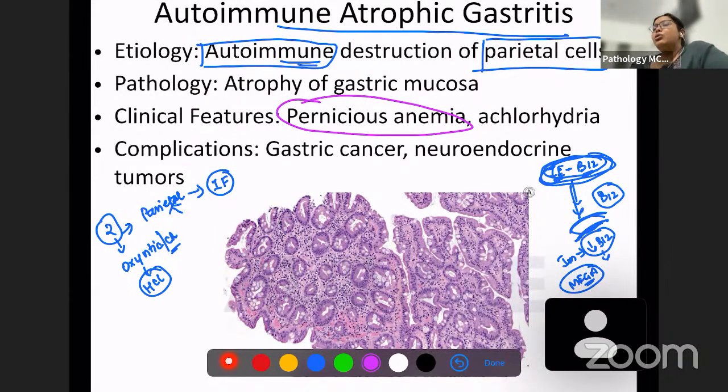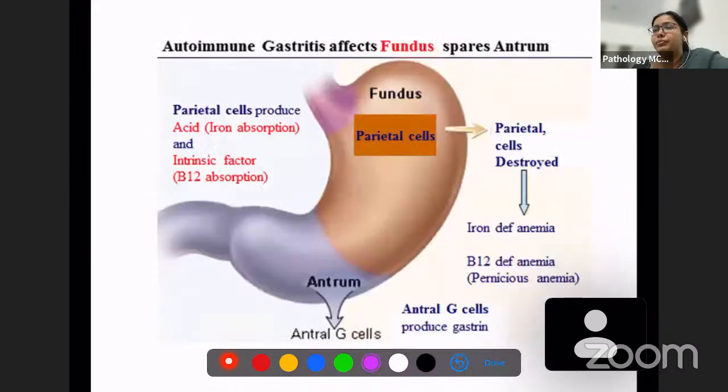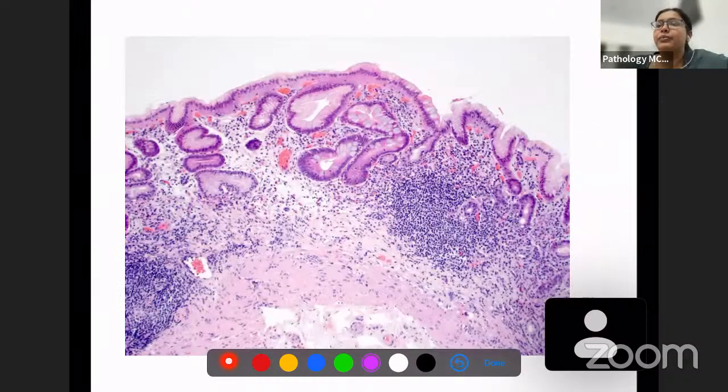Now, this condition also has achlorhydria. Why does it have achlorhydria? I'll tell you why. First of all, we know that parietal cells are getting destroyed, right? In the stomach we have two types of cells, parietal cells and oxyntic cells.